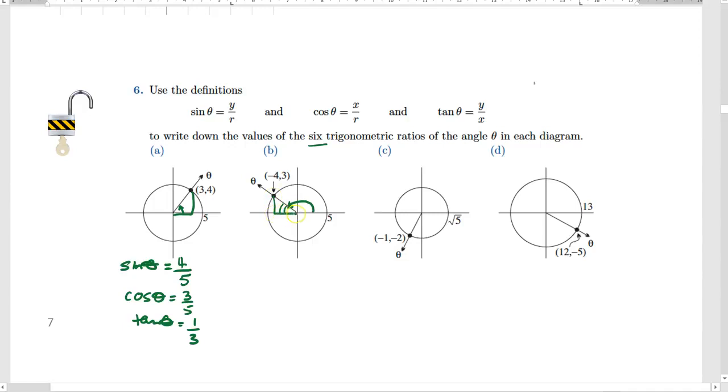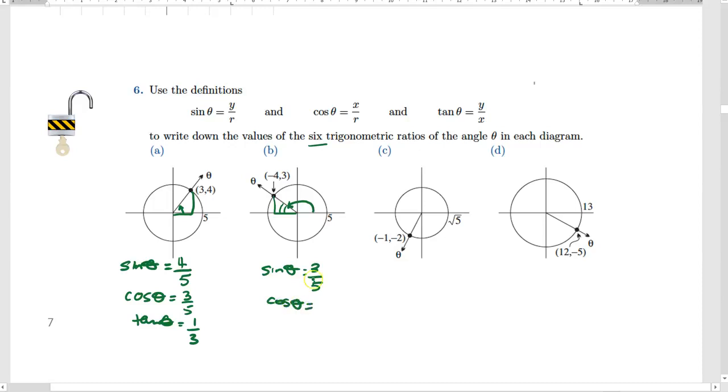In our second example here, the angle theta is this one, which is really therefore this. So we can imagine our triangle here. So sine of theta, we expect to be positive. So it's the opposite side, which is 3 over the hypotenuse, which again is 5, because that's the radius of our circle.